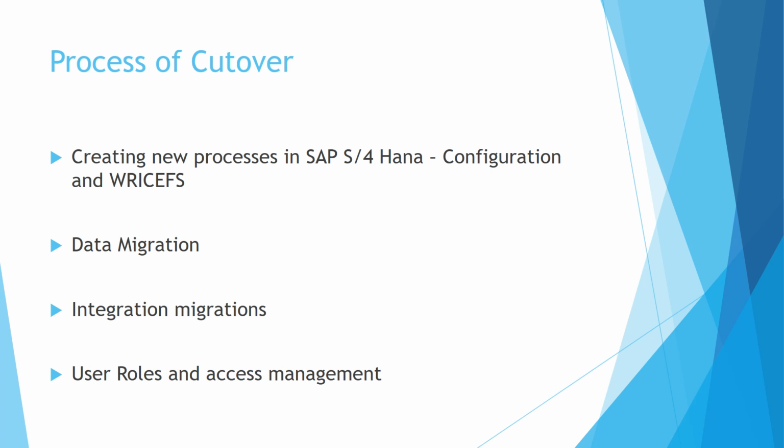The first thing is creating new processes in SAP S/4HANA configuration. Basically, we configure the system. Before we cut over, we need to do the configuration in S/4HANA. When we say configuration, it is about setting up the GL account, setting up the sales organization, setting up the purchase organization. So that is configuration.